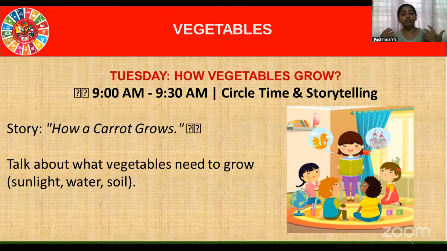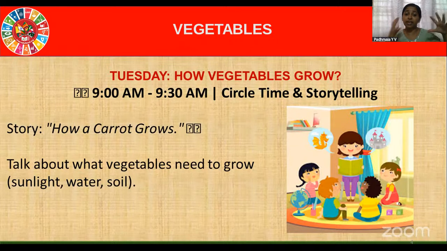Talk about the vegetables, what vegetables and the plant need to grow. The first thing the child has to know is how the plant grows. To plant a tree or a plant, first the seed is required, soil is required. All these explanations can be done along with the concept itself. Because the sun, for us, we need in the morning, we need the light.